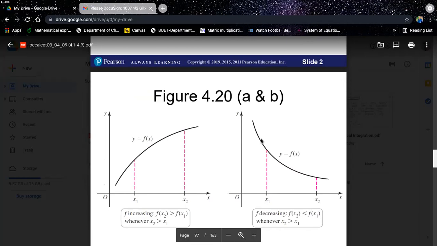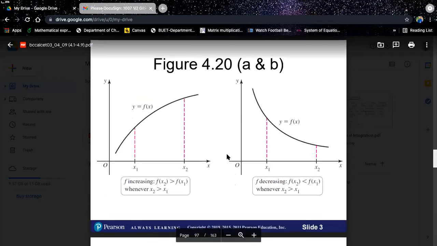Okay. So let's see this graph on our left first. Let's pick 2 points, x1 and x2. Clearly, this x2 is greater than this x1 because we are going to our right on the x-axis, right? So x2 is definitely bigger than x1.